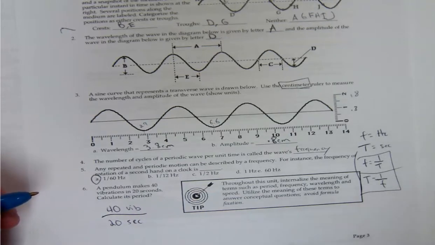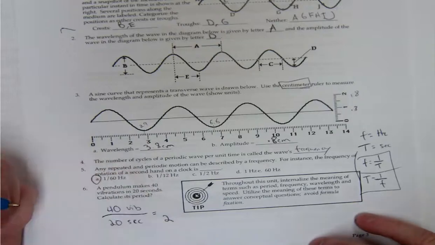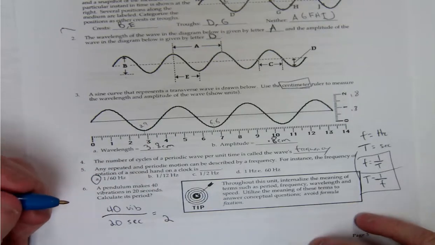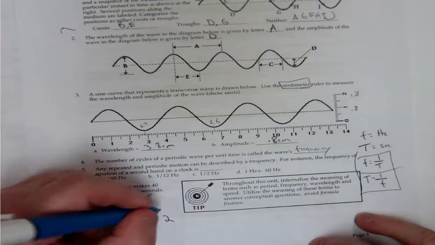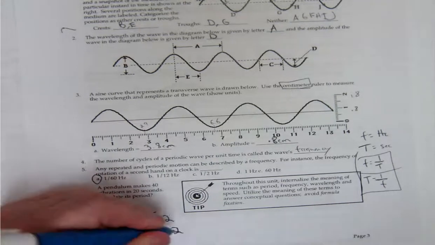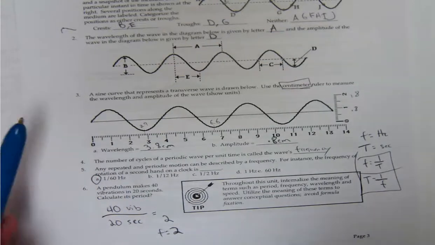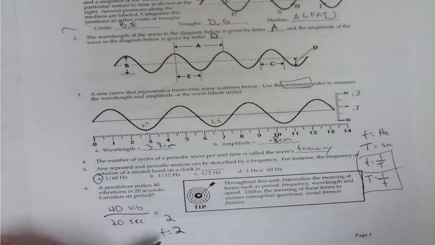So 40 in 20 seconds equals 2 vibrations a second. That's the frequency is 2. So frequency equals 2. This frequency is the number of complete cycles in 1 second.